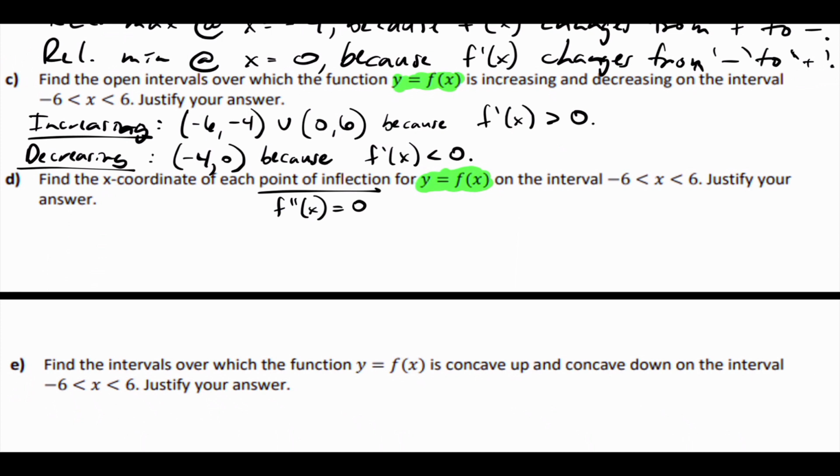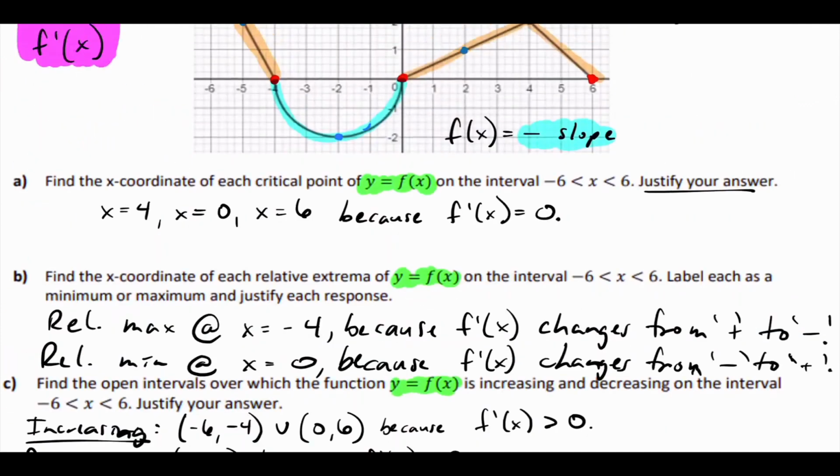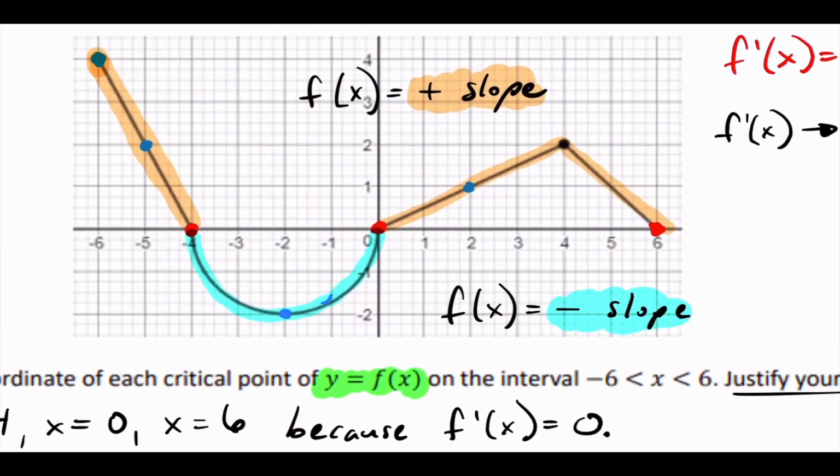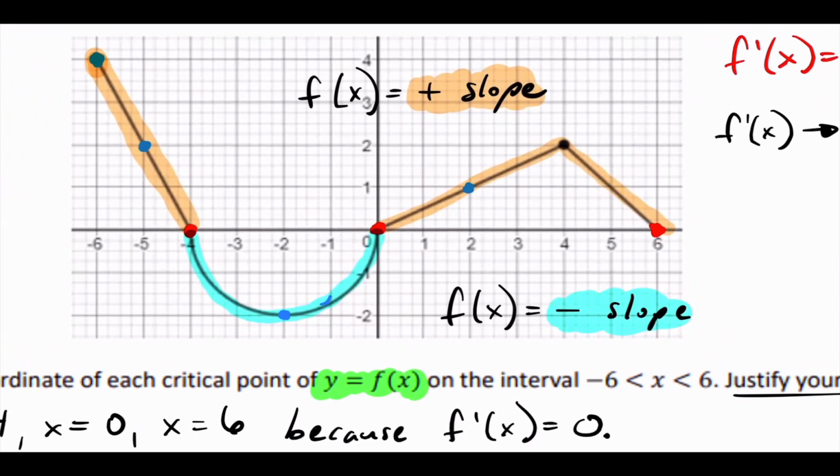Okay, so now we're not talking about F prime anymore. We're talking about F double prime. So what is the relationship between the graph I'm looking at and F double prime? F double prime is the derivative of this one, okay?